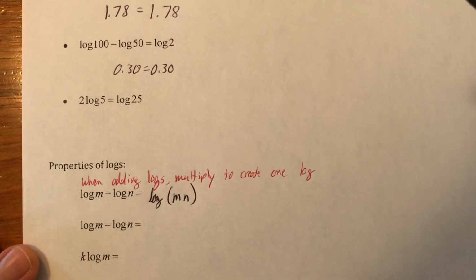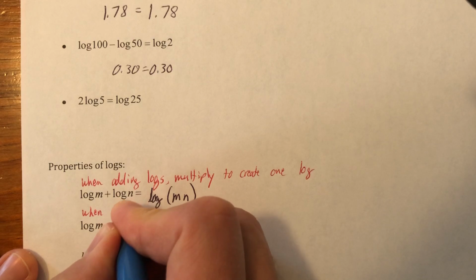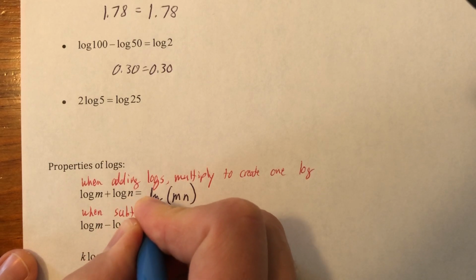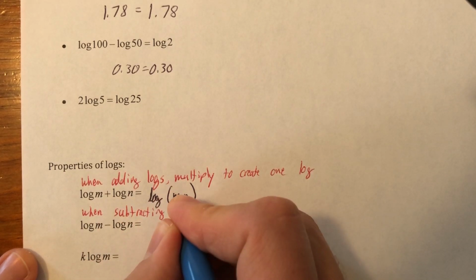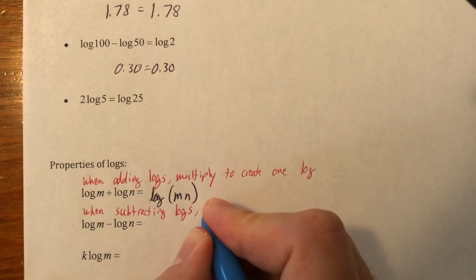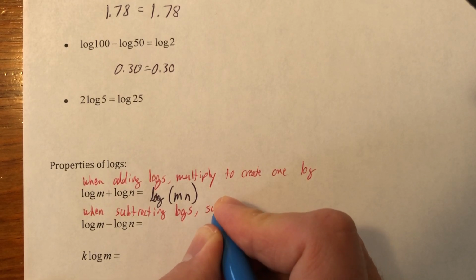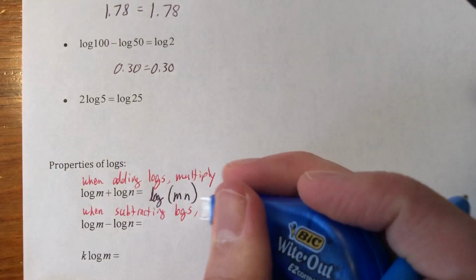So I'll write that down. So when subtracting logs, and the thing I'm leaving out is the logs have to have the same base, and we'll deal with that possibly. Maybe not in this lesson. But, don't subtract, you divide.